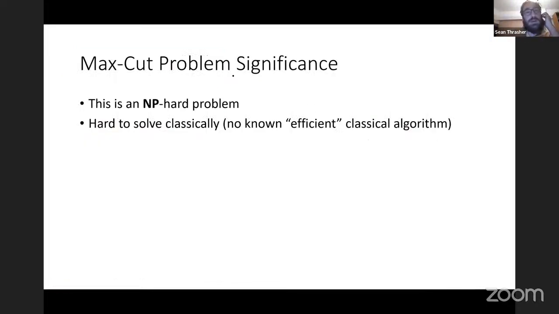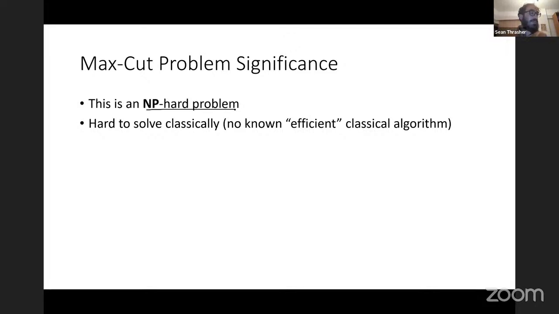And the reason why this is an interesting thing to talk about is that it's known as an NP-hard problem. So essentially, for our purposes, it's a problem that is certainly tricky to solve on a classical computer. There is no known efficient classical algorithm that can solve this problem. Now, unfortunately, there's not really any known efficient quantum algorithm that solves this either.